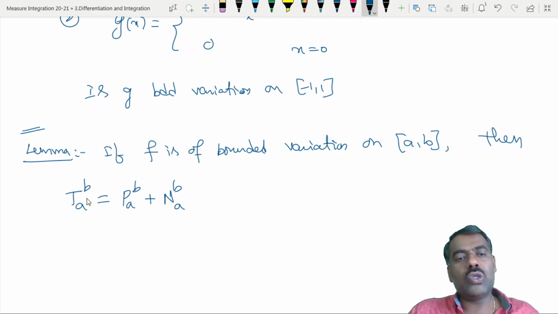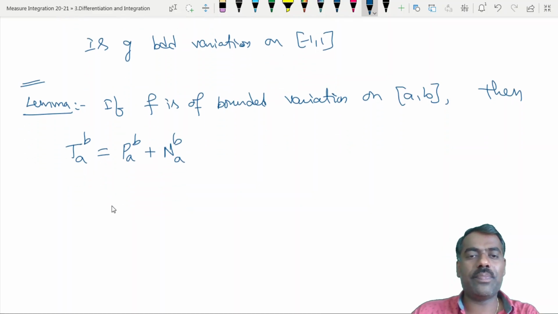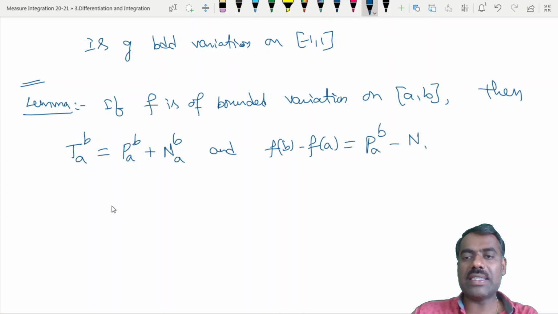That means the total variation is the sum of the positive and negative variations. And not only that, f of b minus f of a is equal to the difference P_a^b minus N_a^b. Is the statement clear?